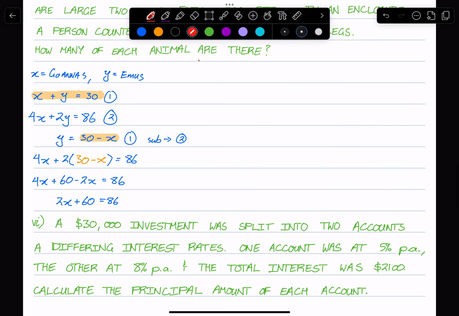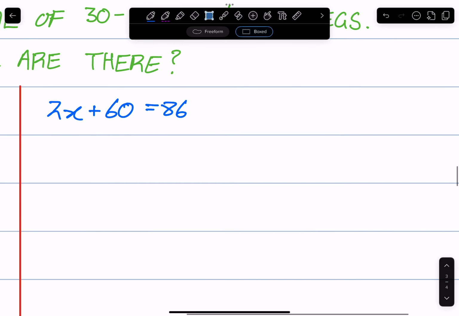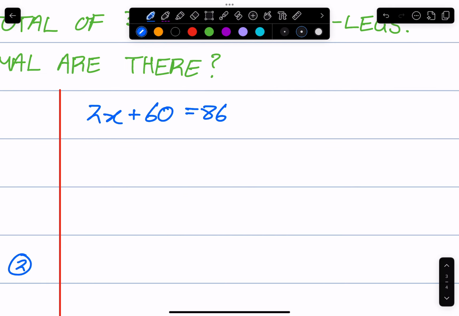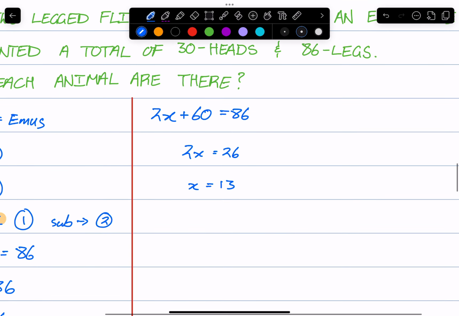That is now going to be continued here. So let's just quickly copy this up top. And now we're going to solve this rather simply. Subtract 60 from both sides. 86 minus 60 is 26. And then dividing both sides by 2, we get x equals 13.